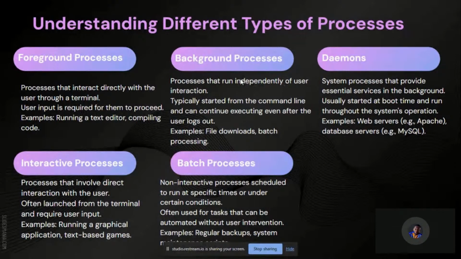So a system process that starts at boot time and runs through the system operation, those are called daemons. An example of that is a web server such as Apache, or MySQL, a database. Those are daemons running in the background. There are also some other types of process.